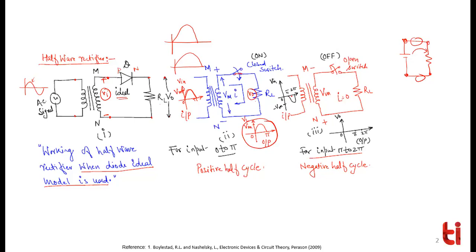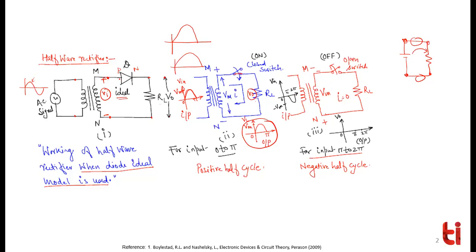In the negative half cycle, let's say pi to 2 pi, this will become negative and this will become positive. So the diode turns off, because it becomes reverse biased: P is connected to minus and N is connected to positive.